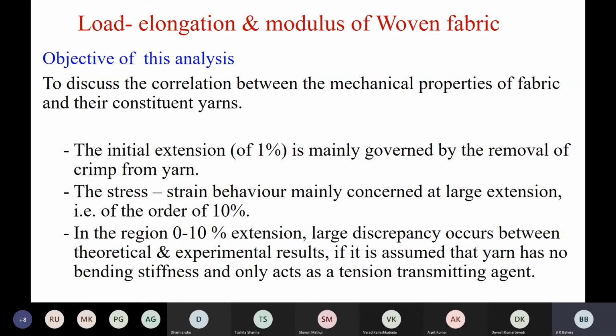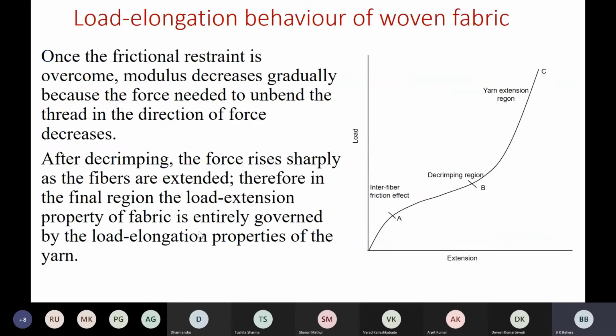Next, the stress strain behavior mainly concerned at large extension, that is of the order of 10%. So large extension means here. That is the yarn extension, where the yarn takes maximum load.